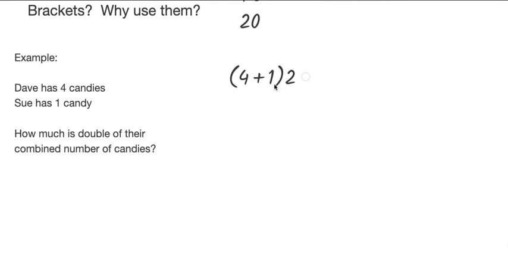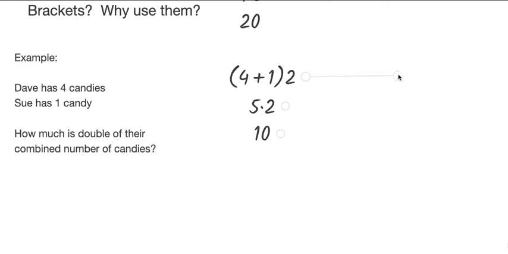If I click on the bracket, the last time I clicked on the bracket it disappeared, but now it doesn't disappear. Well, why is that? That's because I had to do the adding first before the bracket would disappear. So now I've done the adding. Now I just double it, 5 times 2.